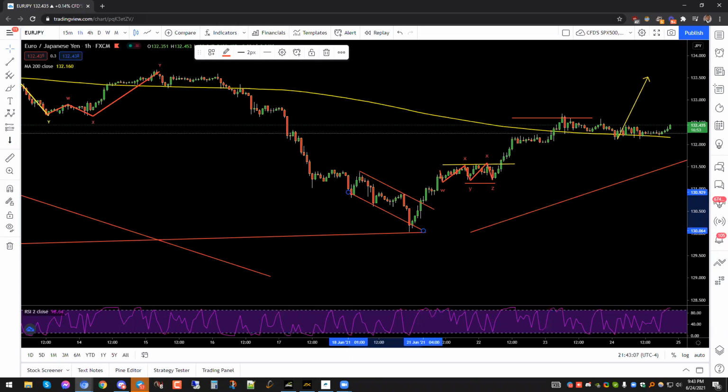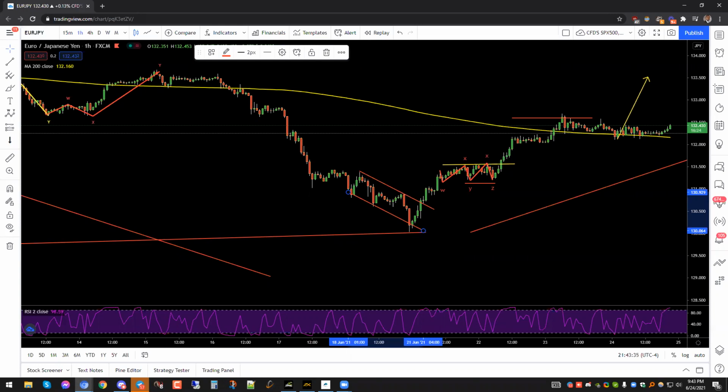Let's see here. Just going through the chat box. Okay, I see Bella says, how do we recognize that is an ending formation? All right, so you need to know your pattern construction.